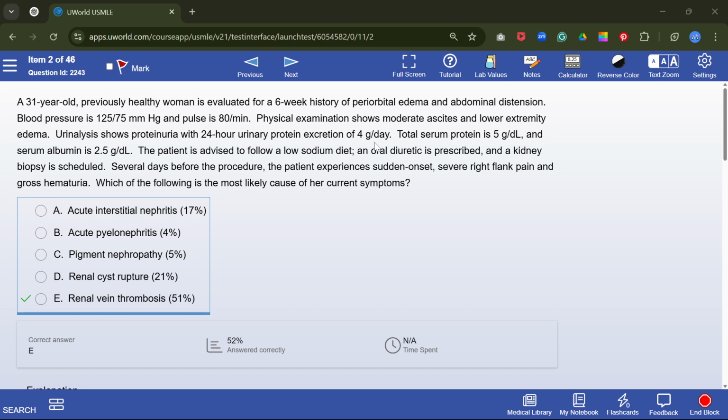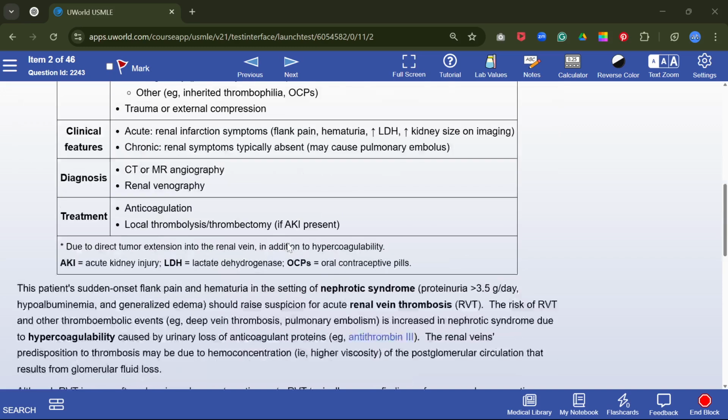Total serum protein is 5, with low albumin, hypoalbuminemia. The patient is advised to follow a low sodium diet and an oral diuretic is prescribed. A kidney biopsy is scheduled. Several days before the procedure, the patient experienced sudden onset right flank pain and gross hematuria. Which of the following is the most likely diagnosis? It may be renal vein thrombosis.